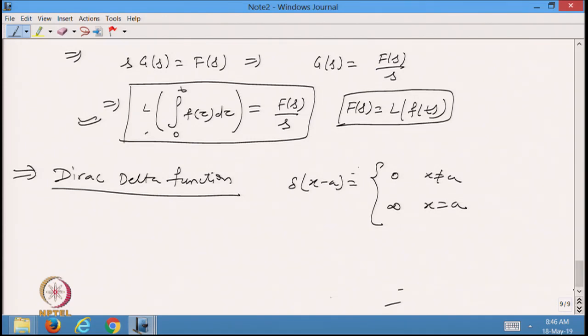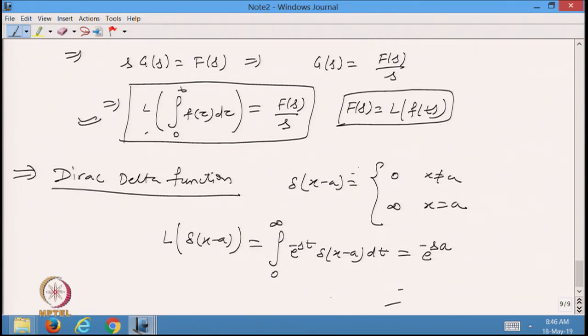So, that we already know. Now, what do I do? I want to find the Laplace transformation of the Dirac delta. So, I will apply the Laplace transformation, multiplying this function by e raised to power minus s t and integrating dt. And if you remember, whenever I have some function f t multiplied by the Dirac delta function and I do the integration, then this is always equal to the value of the function at the point a.